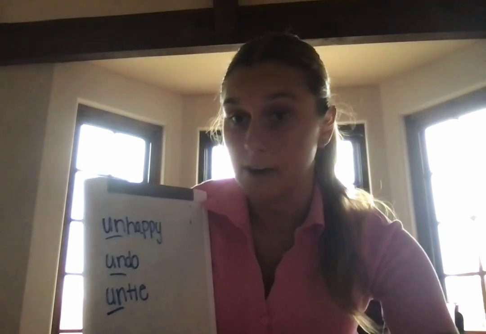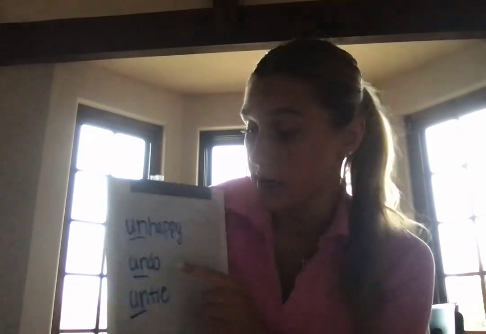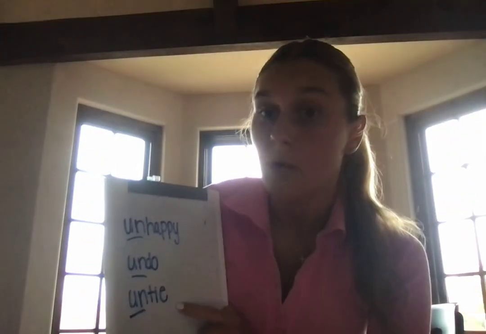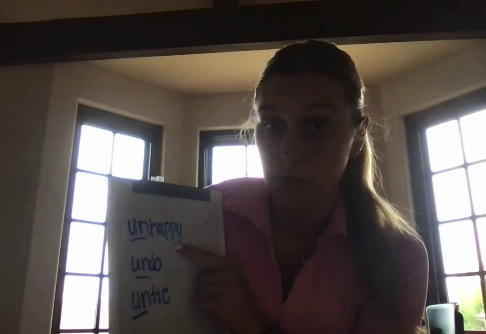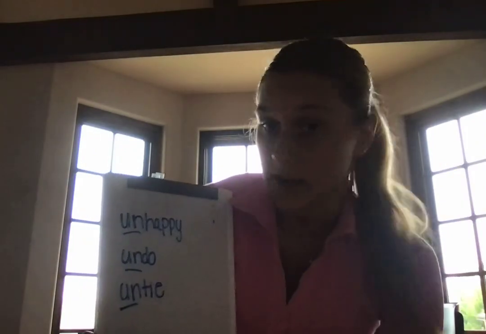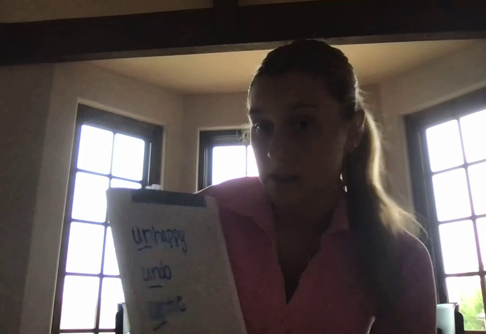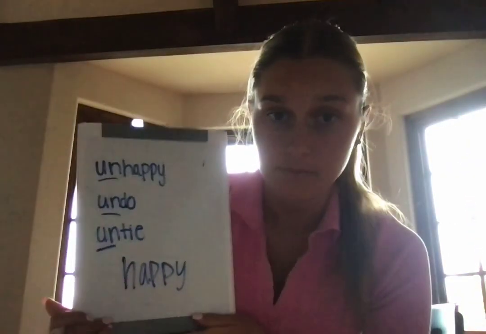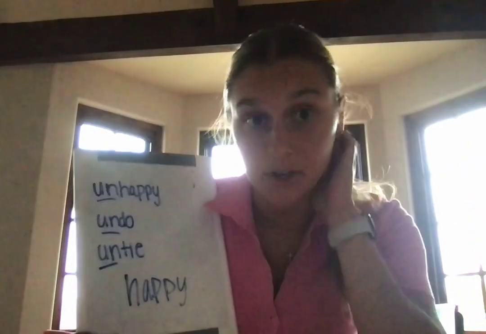Now that we have discovered that the un at the beginning of the word is called a prefix, let's now try to figure out what the un at the beginning of the words does to the meaning of these words. Okay, so can somebody tell me what they think the word happy means? Yes, Rosie.